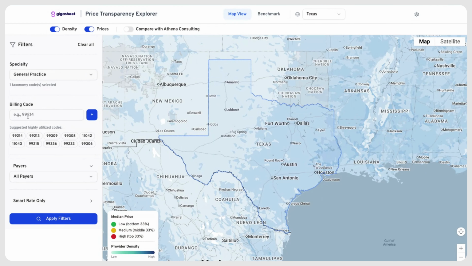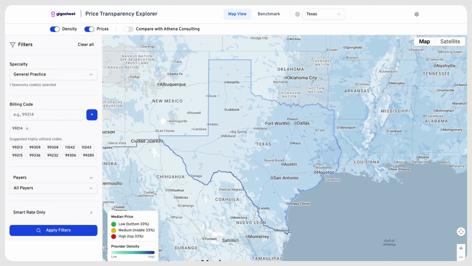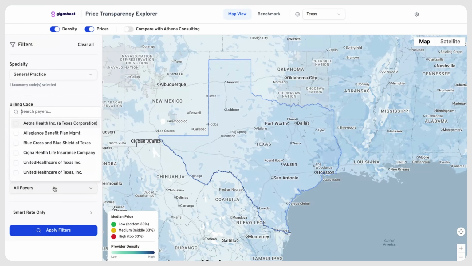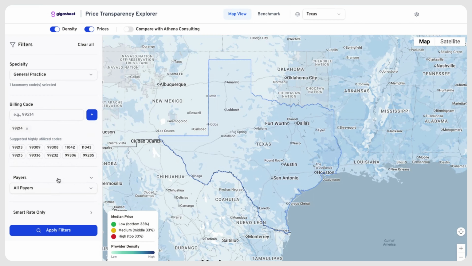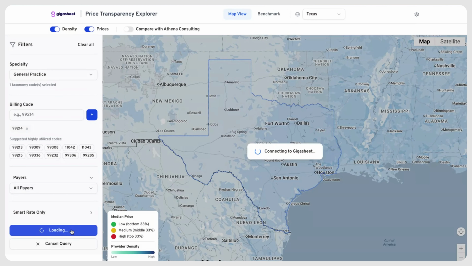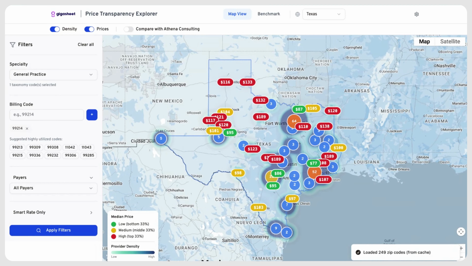To start, we're just going to pick a billing code, 99214, a typical office visit. I'm not going to narrow the payers down; I'm going to look at all the payers that are available. And we're going to leave on our smart rate capability as well, which helps remove outliers and other rates. So here, after I hit apply filters, you can see the data is populated on the map with these markers.